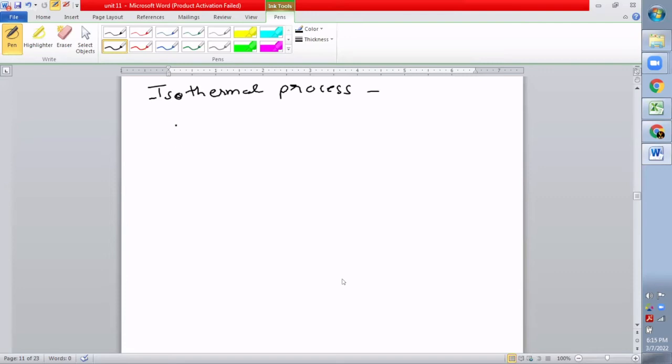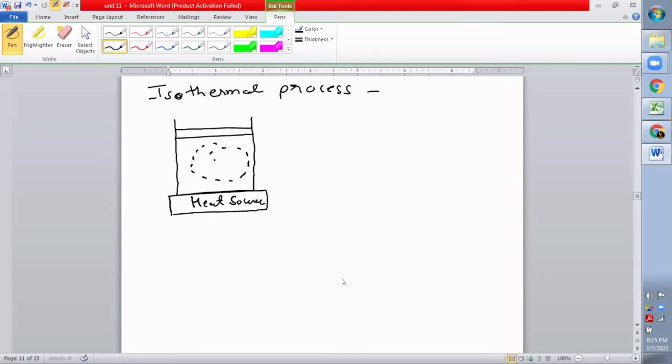In this process, we will have a piston and cylinder arrangement again, a heat source, the piston, and inside that we'll have the gas.